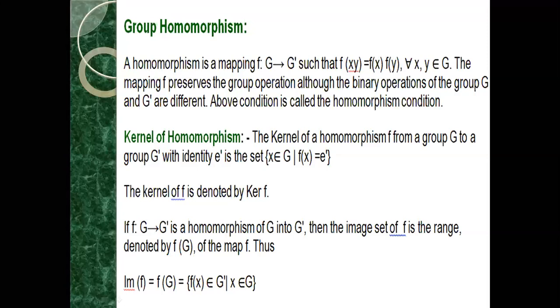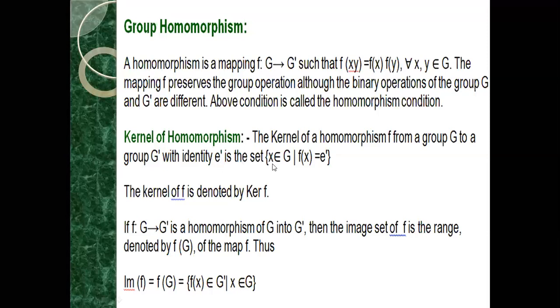Kernel of a homomorphism. The kernel of a homomorphism from a group G to a group G dash with identity E dash is the set of x belonging to G such that f of x is equal to E dash. The kernel of f is denoted by ker f. Here f is a mapping from G to G dash with identity element E dash.